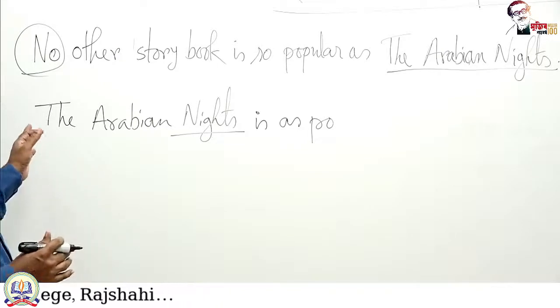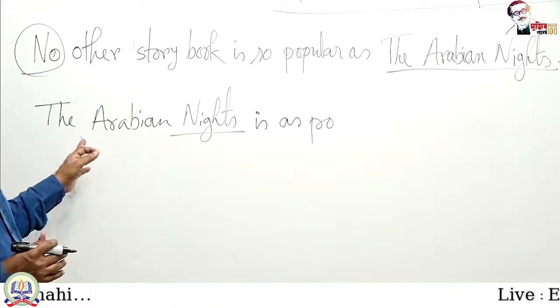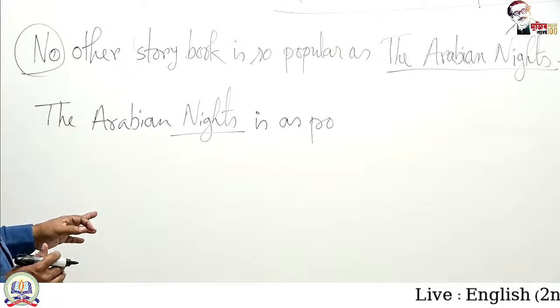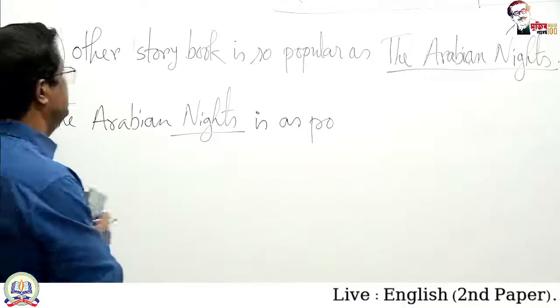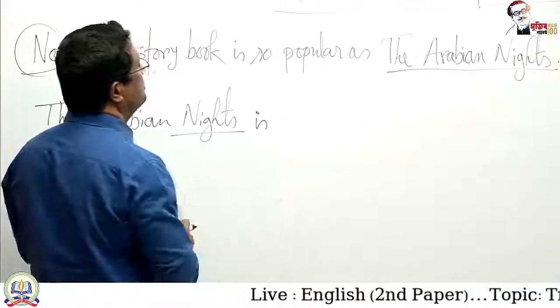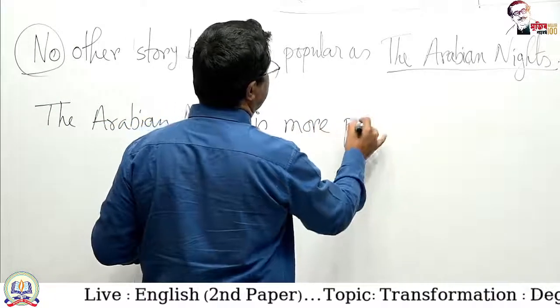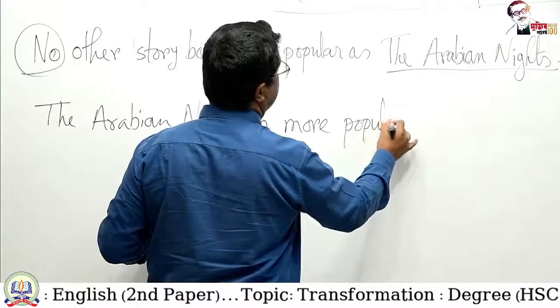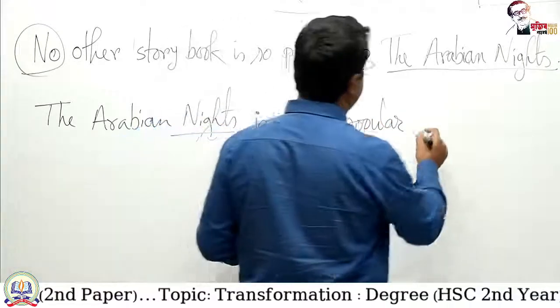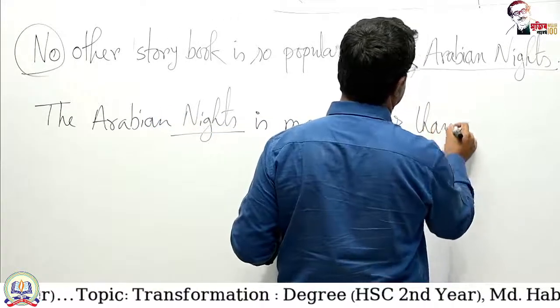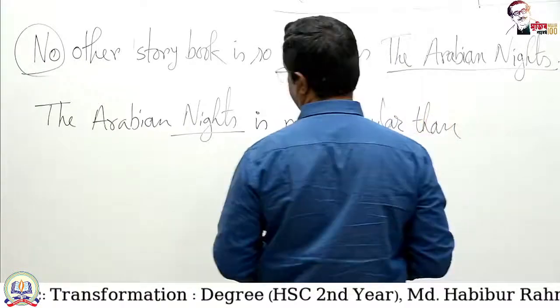We are changing this: The Arabian Nights is more popular, this is the comparative degree, more popular than what?